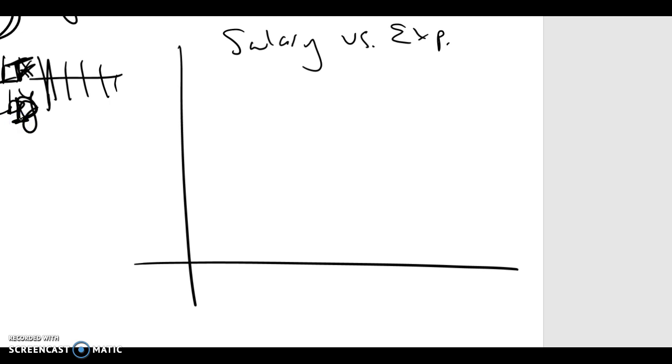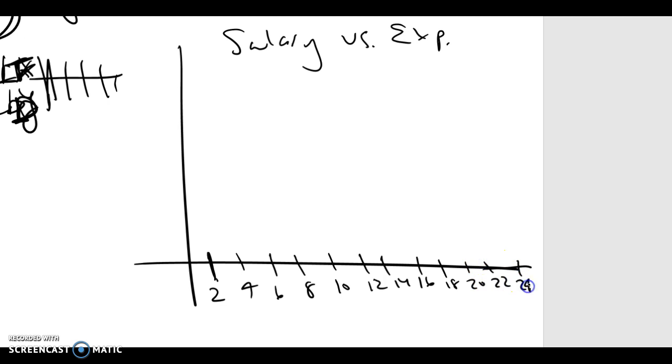And I don't have a ton of space here, so I'm probably going to go by twos if I can fit that. So 2, 4, 6, 8, 10, 12, 14, 16, 18, 20, 22, hopefully 24. So maybe I could do a little bit better job on evenness, but they're not bad.